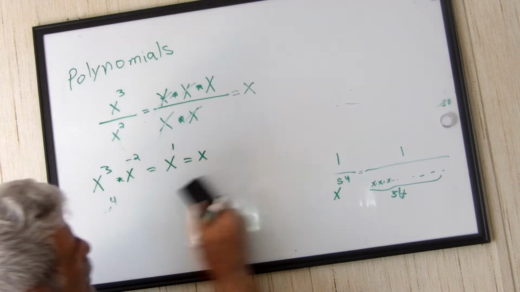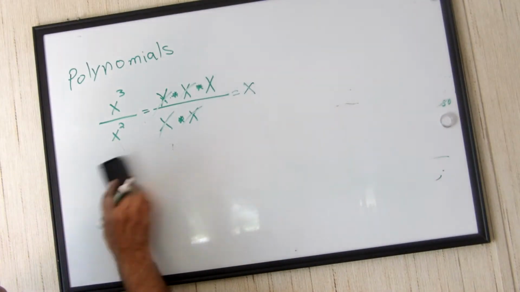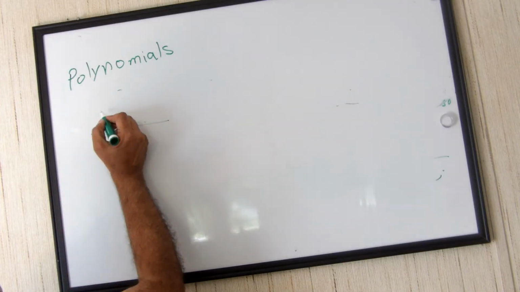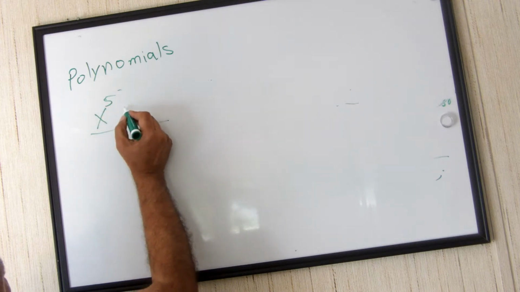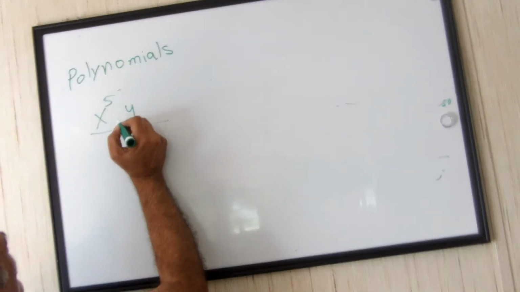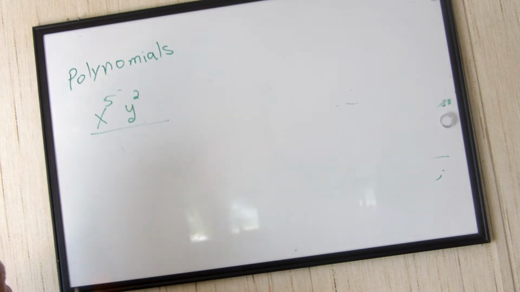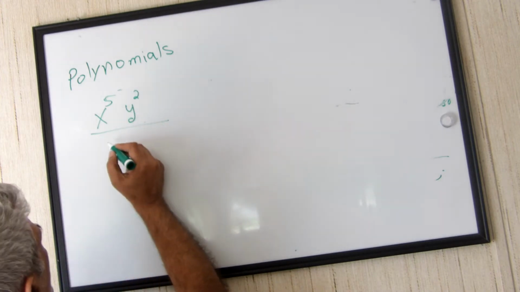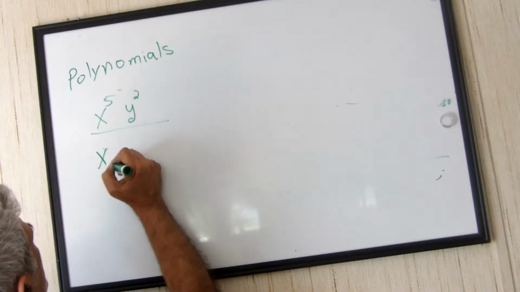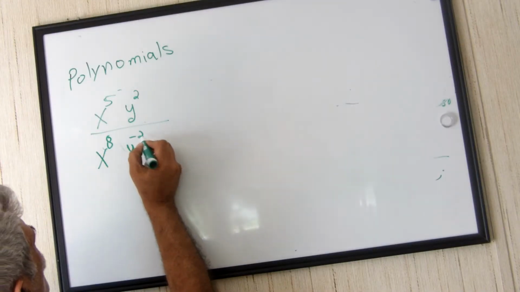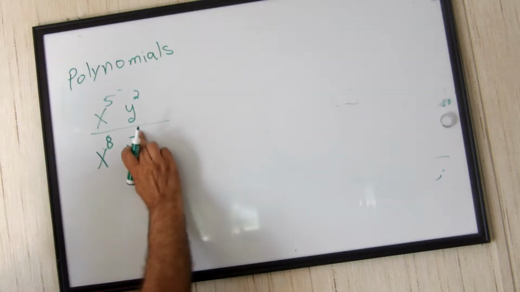Let's get a more complicated one: x to the power of 5, y squared over x to the power of 8, y to the power of minus 5. These are multiplication, and when we write it this way, it is y squared over x to the power of 8 y to the power of minus 5.